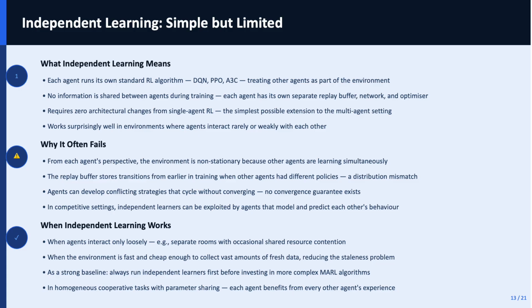Existing single-agent codebases work without modification, and the system scales trivially by adding more agent processes. The limitation is equally fundamental. From each agent's perspective, the environment appears non-stationary because other agents are changing their policies, and any experience stored in an agent's replay buffer becomes progressively stale as a result.